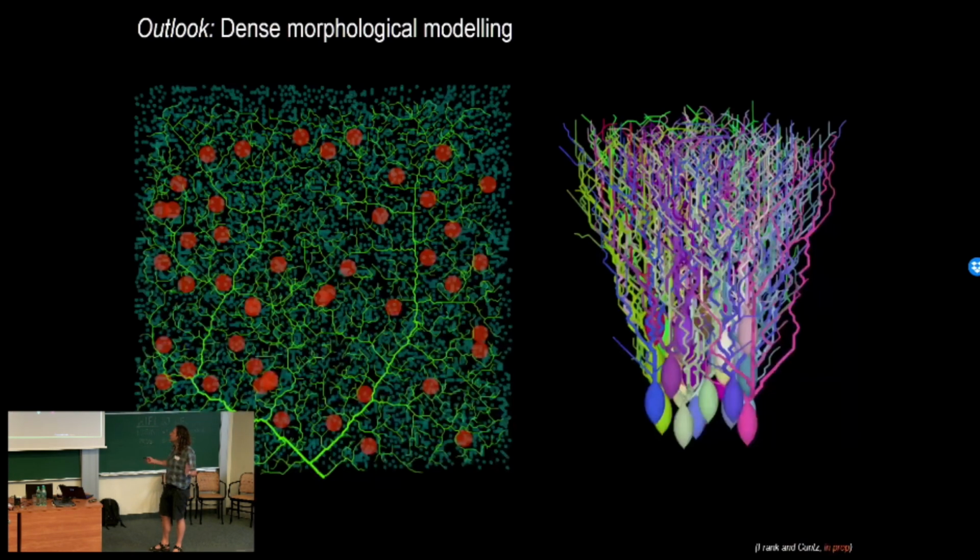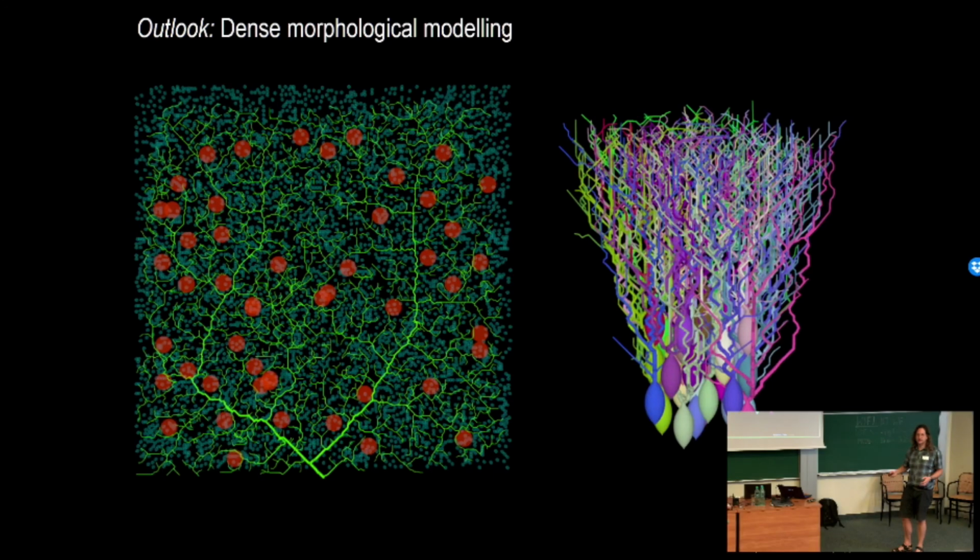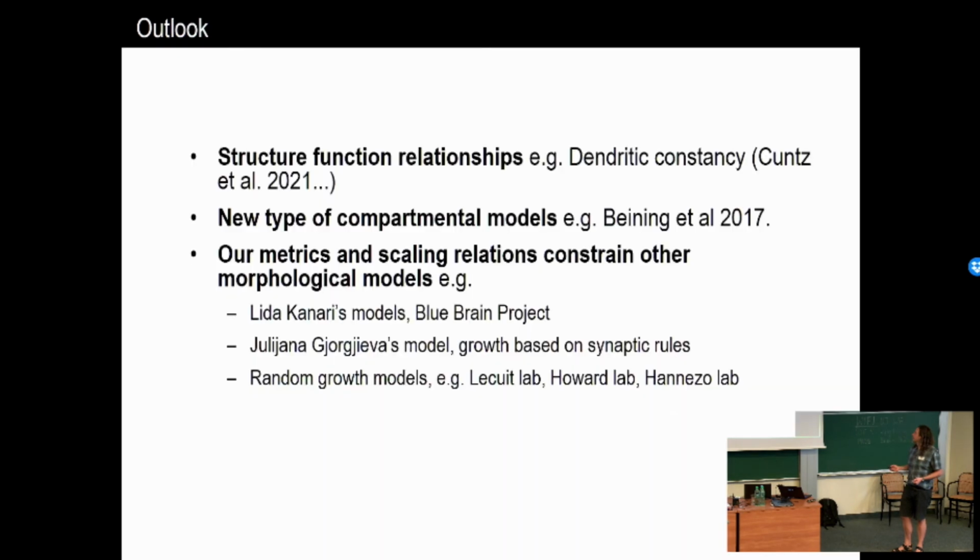And we're now able to use this growth program also in a space packing way, to reproduce actual connectome data. This is going to be used also in the next talk by Peter for looking at this structure-function relationship, and of course in other complementary models of dendrite outgrowth.